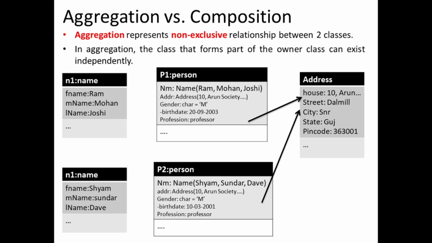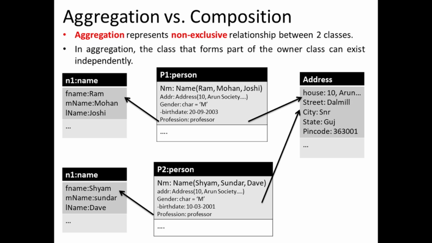But in name it is not so. There are two different objects of the name class, N1 and N2. P1 is connected to N1 and P2 is connected to N2. You can see that for each and every person, names are different, but the address can be the same. This is how aggregation and composition work. So we can say that the relationship between address and person class is non-exclusive.